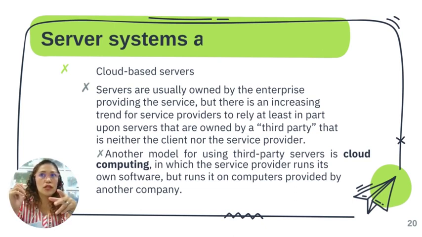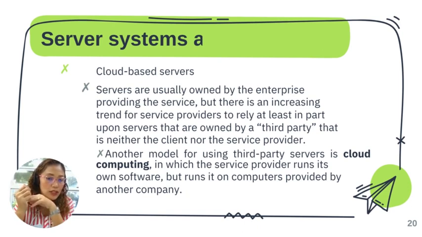Then we also have platform as a service. So when you rent this, you are just given hosting services. Then you have software as a service, SaaS. So you are just going to rent the specific software present in that particular cloud provider, and you can use that in your own company.